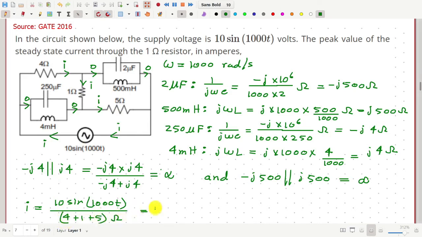So this is equal to 1 sine 1000 t. Therefore, the peak value of the current I, which is flowing through the 1 ohm resistor, call it I peak, is equal to 1 ampere. That is the answer.